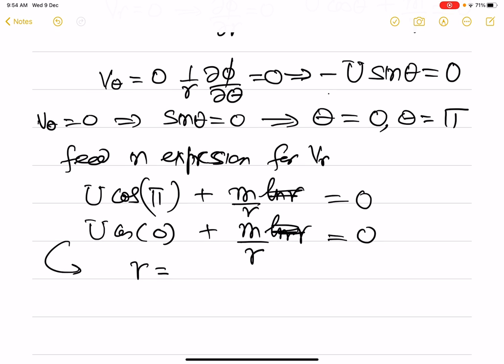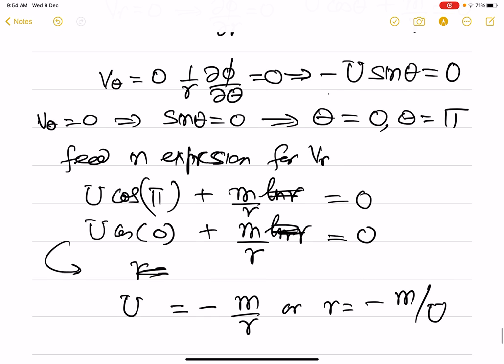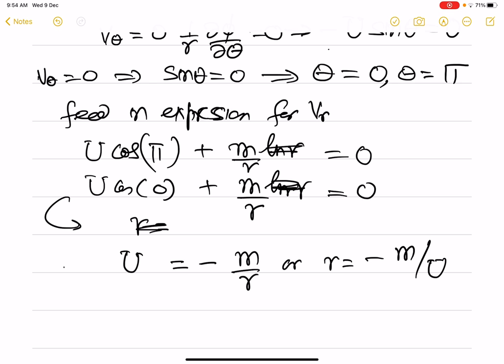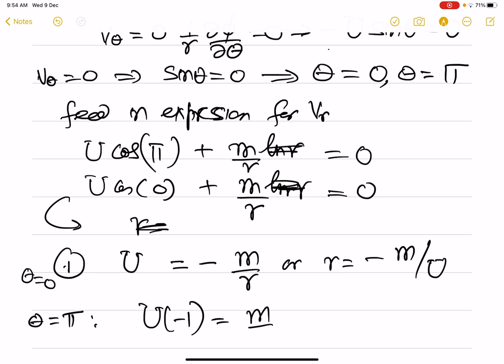I missed that. So here, if I put this equal to 0, u is equal to minus m by r, or r is equal to minus m over u, and this is for theta equal to 0. For theta equal to pi, what we will get is u times minus 1 is equal to m by r, or r is equal to m by u.